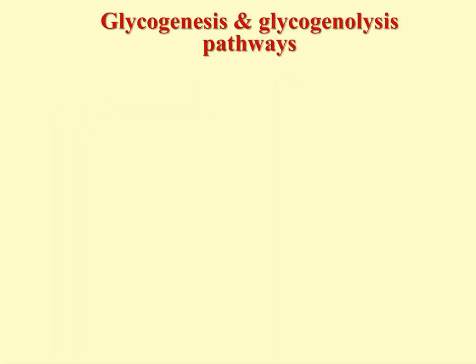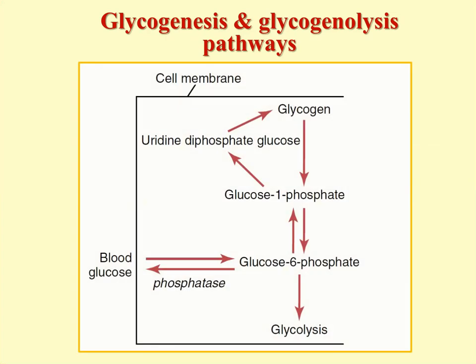But to better understand the action of both glucagon and insulin, we need to consider in general the pathways of formation of glycogen, glycogenesis, and catabolism of glycogen, glycogenolysis. First, for glucagon, this shows mainly the liver cell, it's necessary to split glycogen and finally convert it into blood glucose.